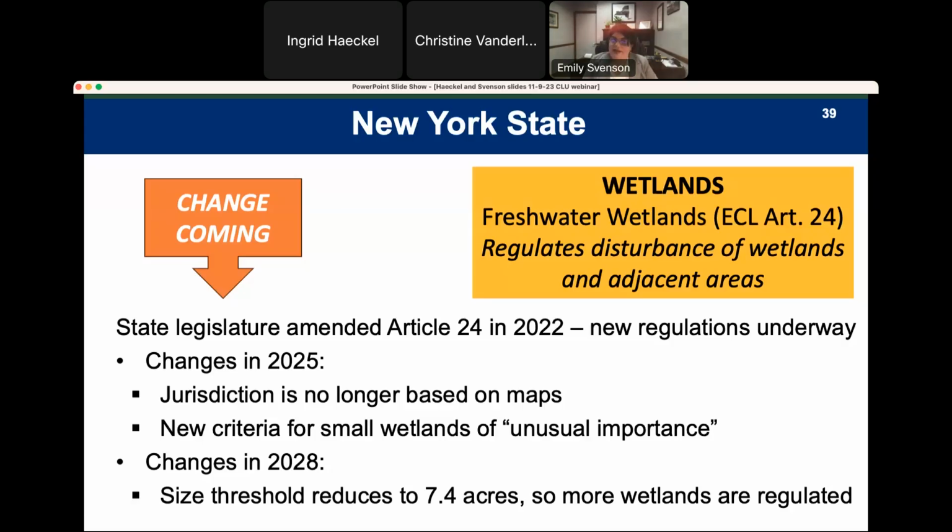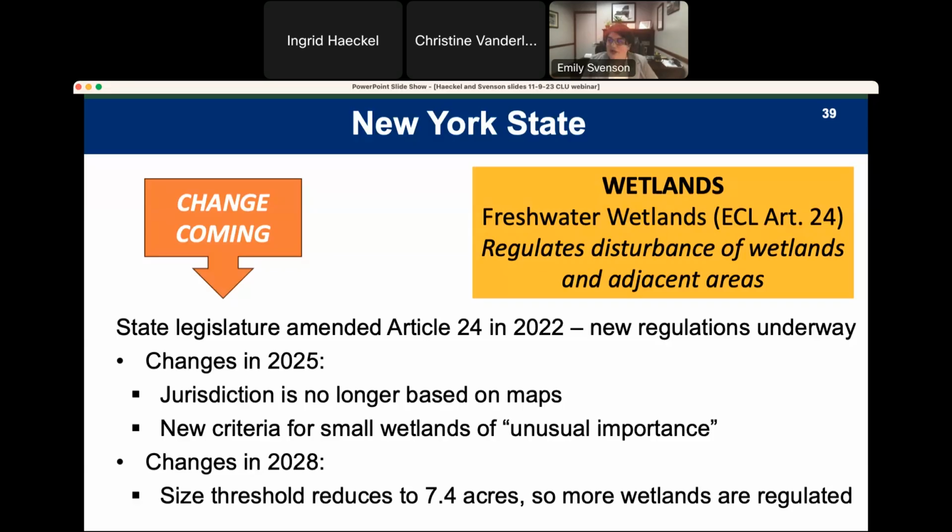The regulations that we're waiting to see in the next couple of months will provide more clarity on that. But the upshot is that there will be more categories of wetlands included, even if they're smaller than 12.4 acres. But I do want to emphasize that it's still only wetlands of unusual importance that are regulated by DEC if they're smaller than 12.4 acres. There are lots of types of importance that Ingrid just described, and not all of those wetlands are going to be regulated by New York State.